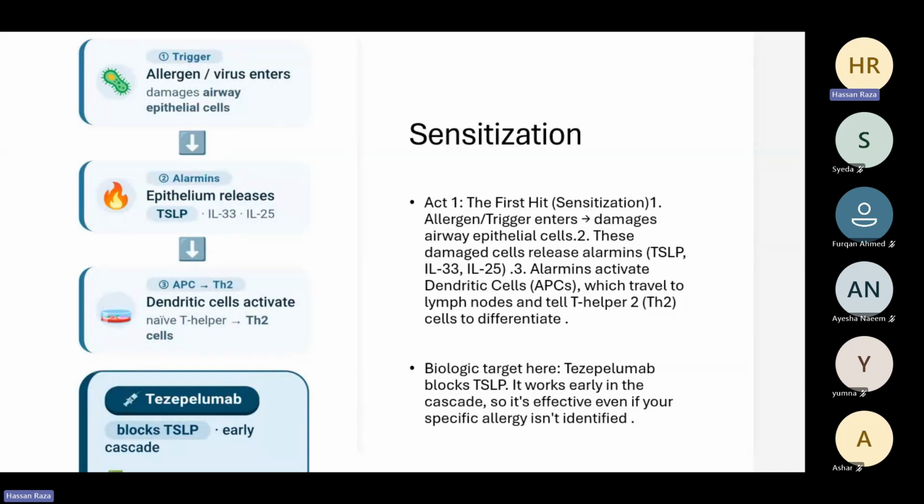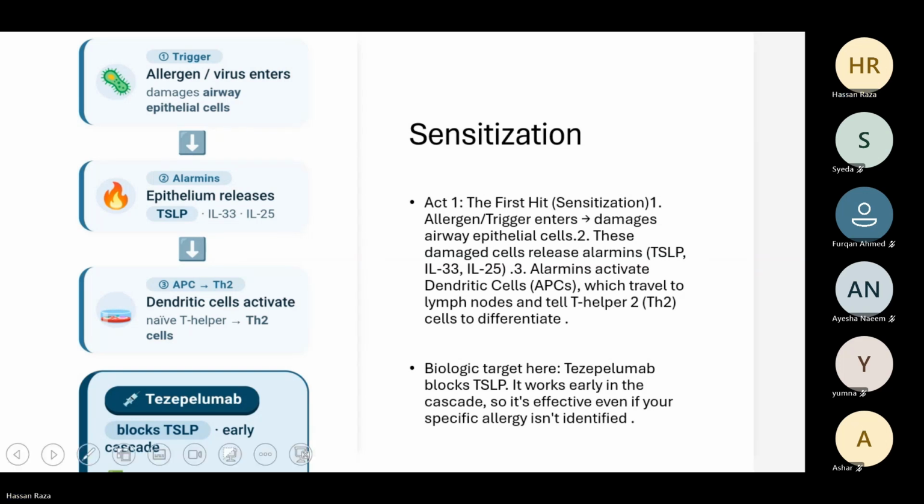Whenever you inhale a virus or any allergen, the airway epithelial cells release some alarmins, some cytokines, and here TSLP is really important. TSLP activates antigen presenting cells, basically dendritic cells, and those cells travel to the lymph node where the T helper cells are present, and these T helper cells start differentiating and proliferating.